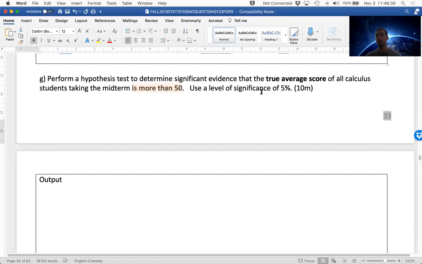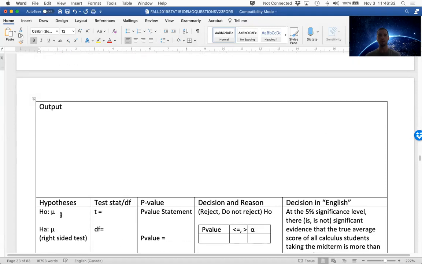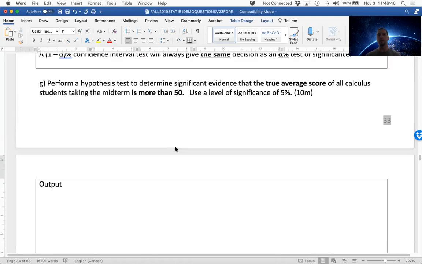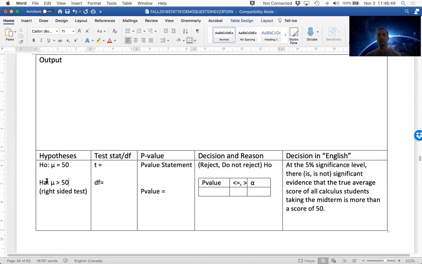So now we have some direction to work with. Here we'll have mu equals 50, and here we'll have mu greater than 50. So now we're working under a different part of the curve, with a different type of test. The language 'more than 50' indicates mu being bigger than 50.